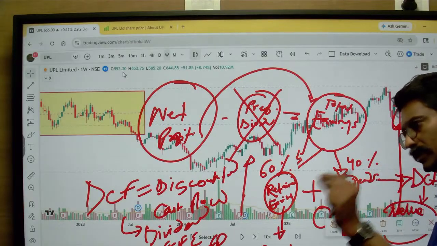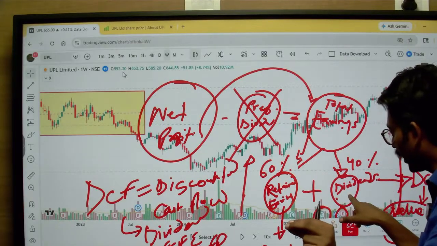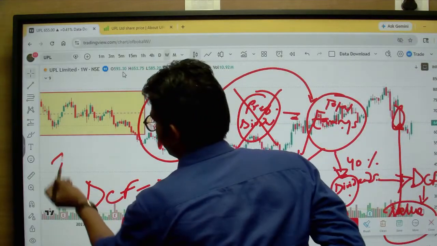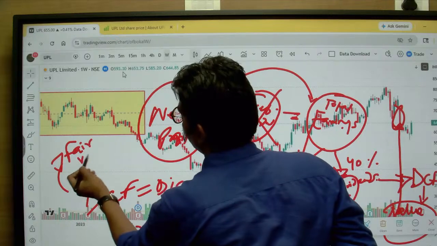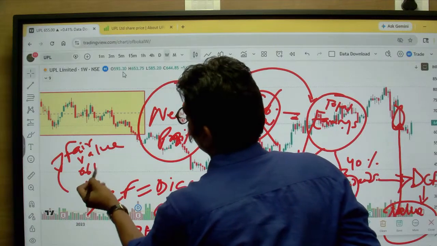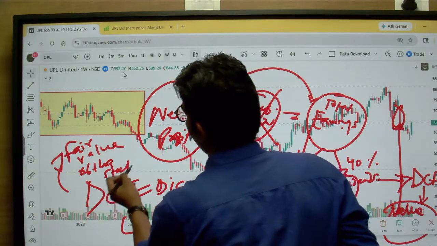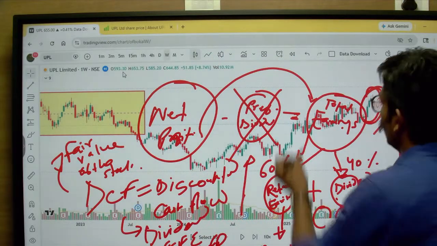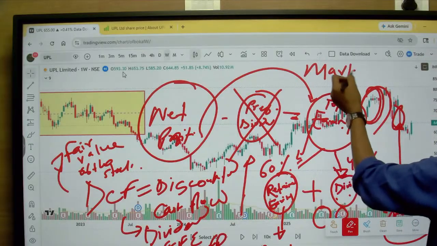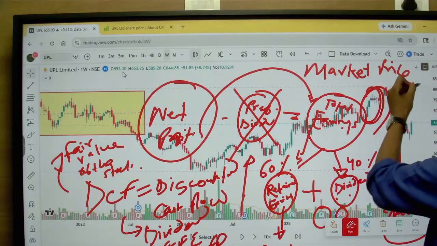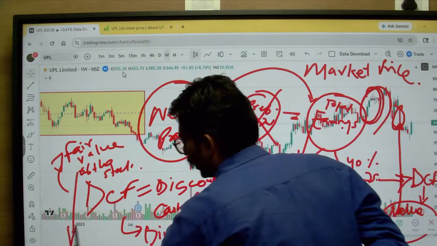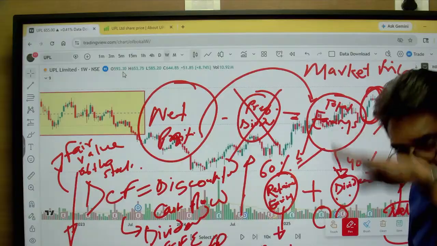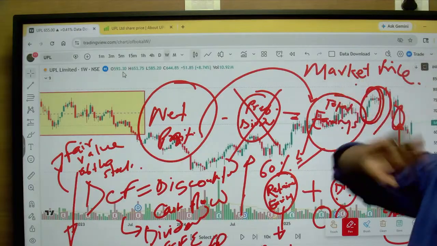That means that particular cash flow to the shareholder, using that you are calculating the fair value of the stock. And what you have listed here is the market price of the stock. Do you agree? Yes or no? That means if the fair value goes down because the dividend is going down, the company is not doing good, because the earnings is not good, the fair value of the company will go down, and hence the market value will also.